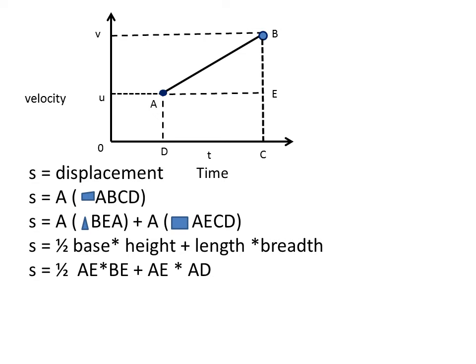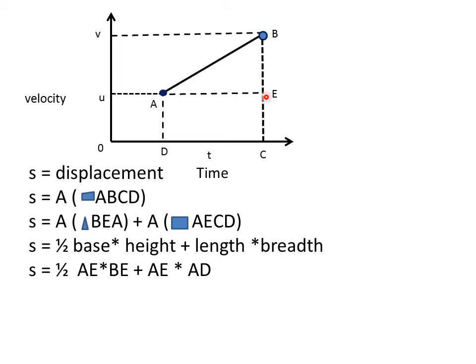Now we will substitute these values of segments. So AE corresponds to what? Where is AE? First find out AE. AE corresponds to DC. And for AE or DC, what can we write down? t. Right. BE, look at B. Where is BE? Here I can see BE. Do you remember while deriving first kinematic equation, we had calculated value for BE?